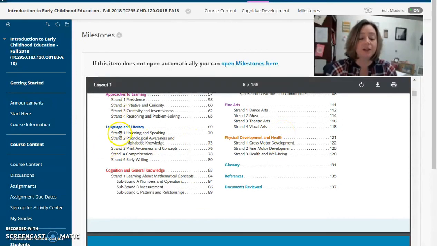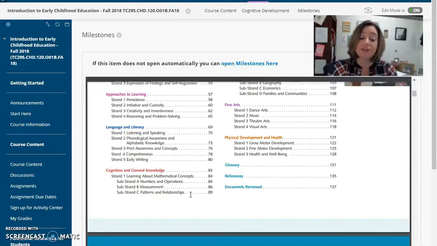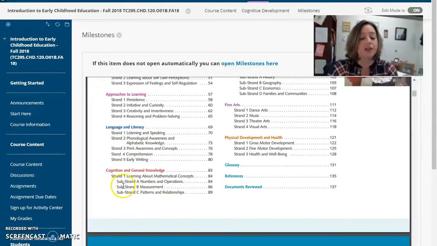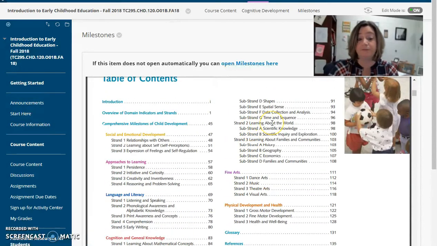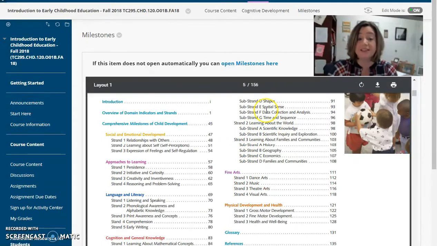When you look here, you see that in each domain you have different strands. But when it comes to cognition and general knowledge, we have strands, but then we have substrands. Strand 1 is learning about mathematical concepts, and then we have substrands A through G. Those are all different parts of the math that we're looking at.